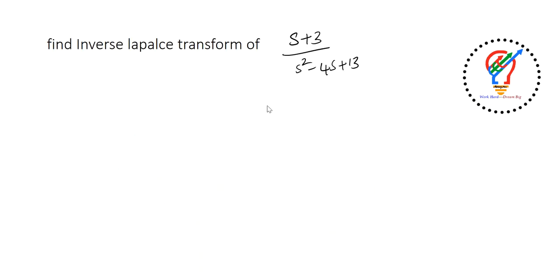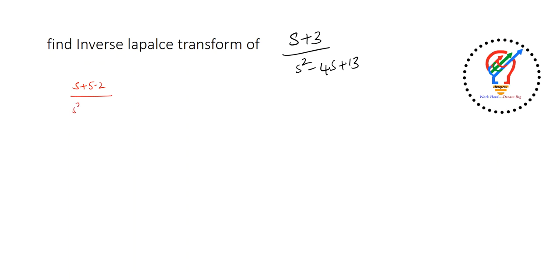Okay. Next question. Find the inverse Laplace transformation of s plus 3 divided by s square minus 4s plus 13 here. Okay. This transfer function can be written as s plus 5 minus 2. I'll write like that.